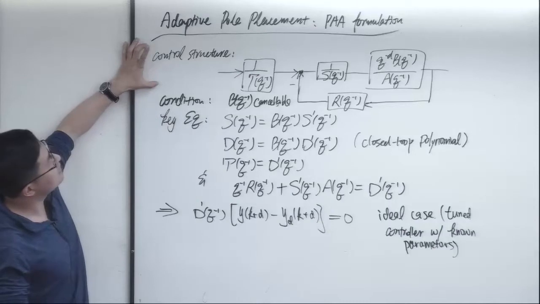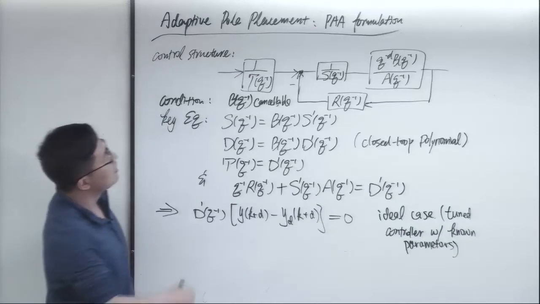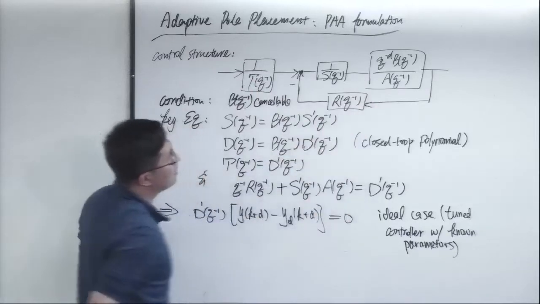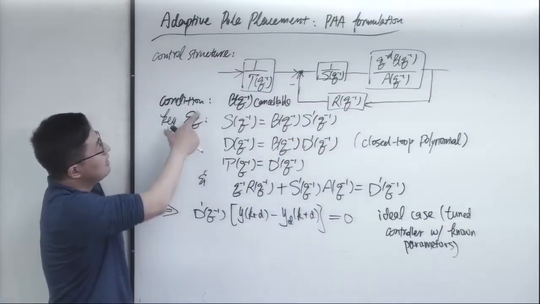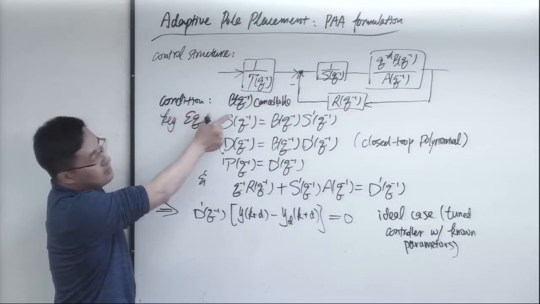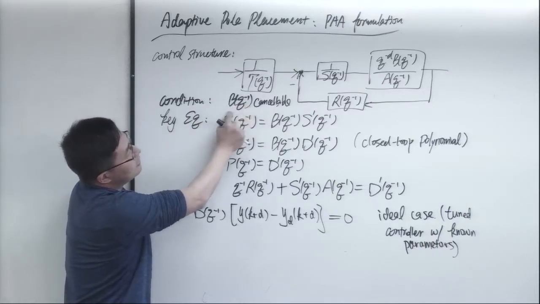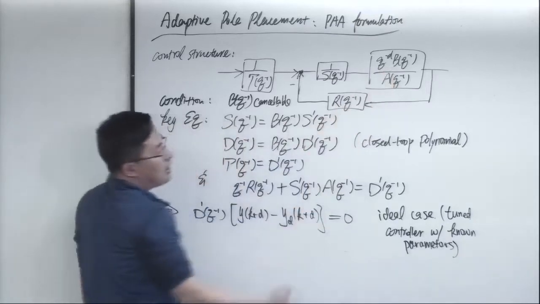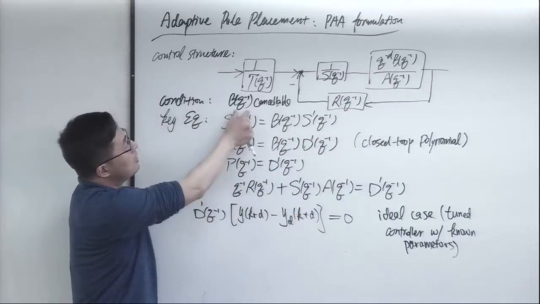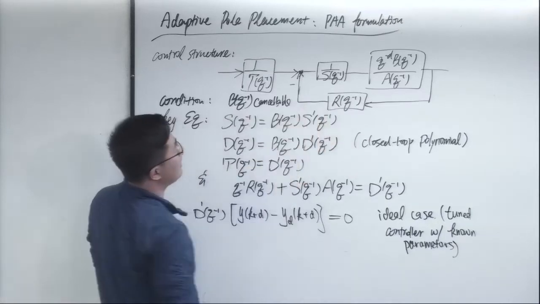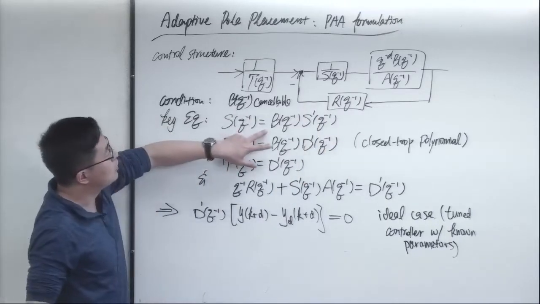We have come up with a control structure with some feed-forward components and some feedback components. And the condition that we worked on last time is the case where the plant doesn't have unstable zeros. So BQ, this polynomial, can be canceled in my control design. And that's what we did.